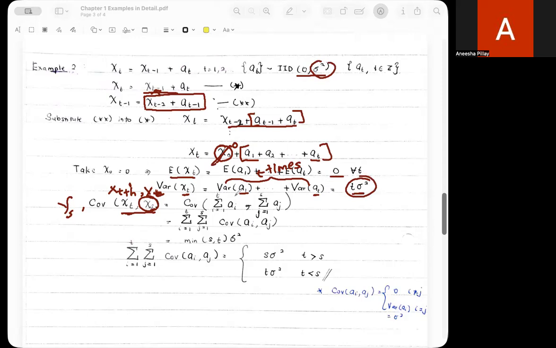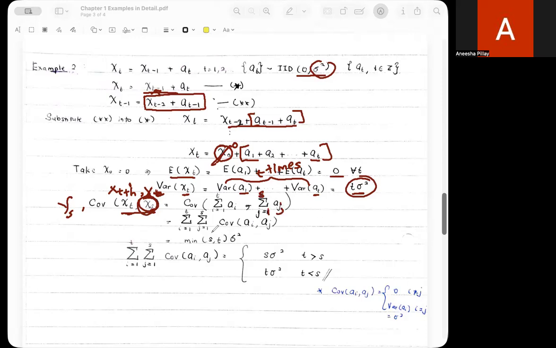So if this continues quite a number of times, that's why we have the summation of Ai here, where i is equal to 1 until t. And then we have your Xs also, right? So this one would become from 1 until s. This is j.